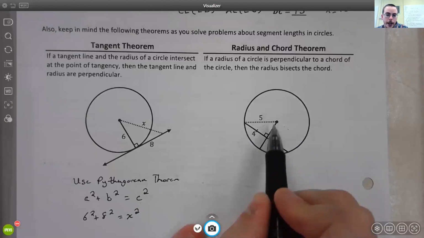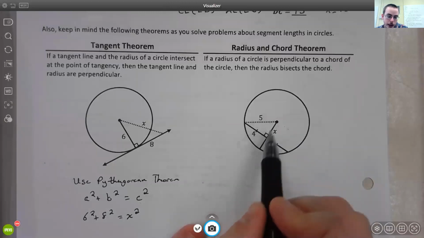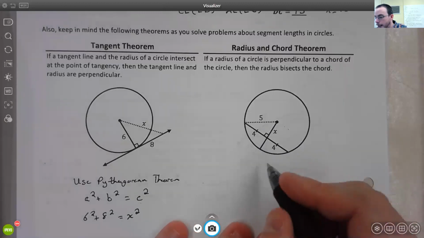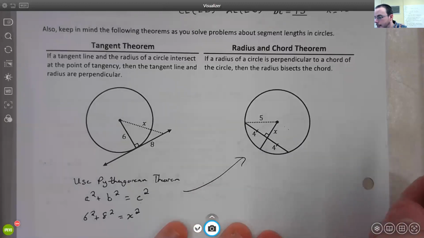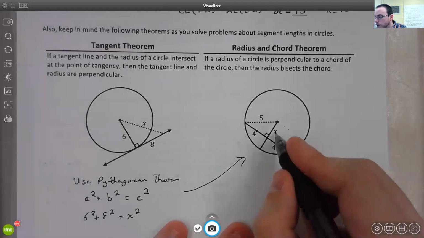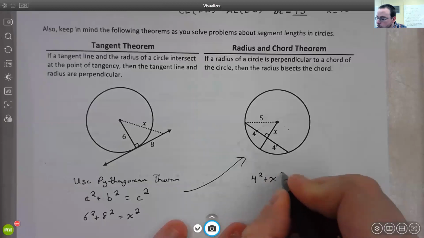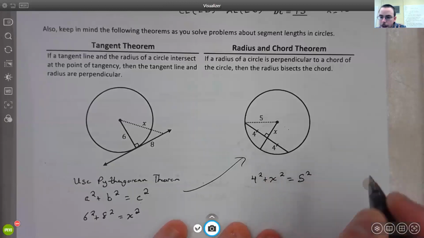So if the radius is perpendicular and it bisects the chord, this is a right triangle as well. So you would be using the Pythagorean theorem just like that. And in this case, to find x, you would have 4 squared plus x squared equals 5 squared.